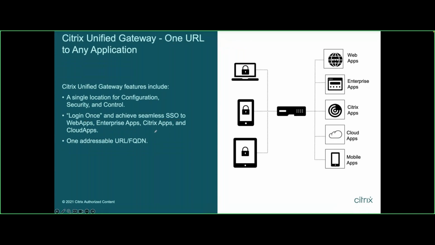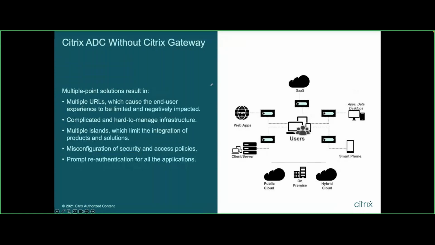So if you don't have one URL, you have multiple URLs, and that will become a problem, right? Multiple URLs can cause a limited and negative end user experience. This was a good option 25, 30 years ago. Now it is called complicated and hard to manage.